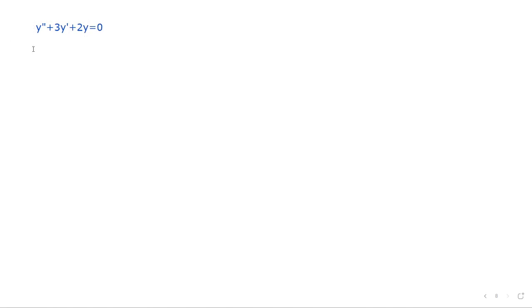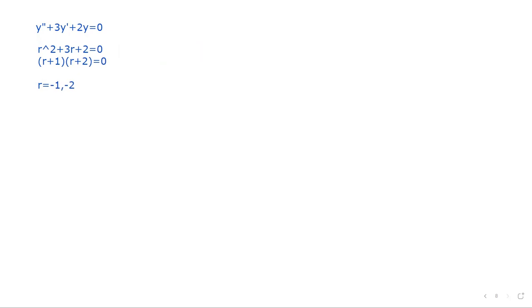So writing this as our characteristic equation, we're down to there. And then this one can be factored fairly nicely. So therefore, r is going to equal -1 or -2.